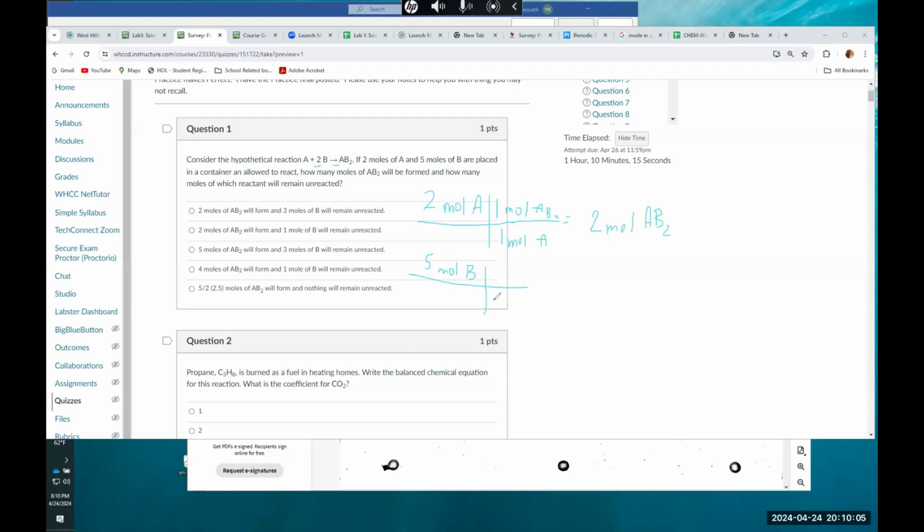So for every 1 mole of our AB2, we're going to need 2 Bs. So then that is 2.5.